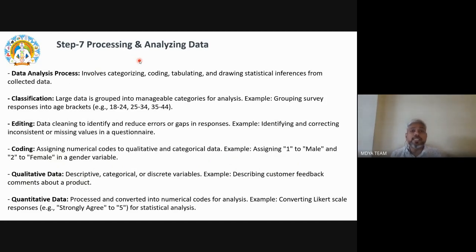Now the seventh step: the importance of ICT in data collection. ICT is used before data collection and after data collection, and it has applications in processing and analyzing. Nowadays, information and communication technology has developed many software tools where you can assess your data.